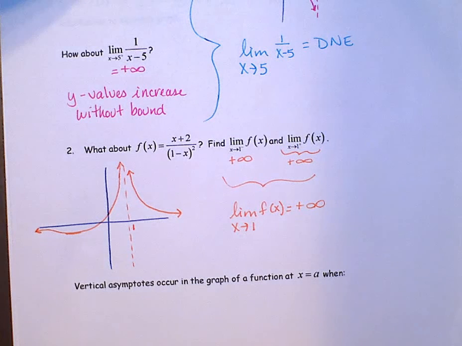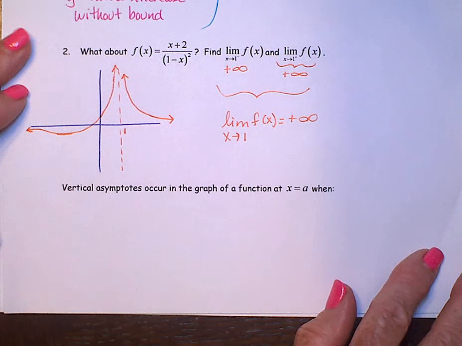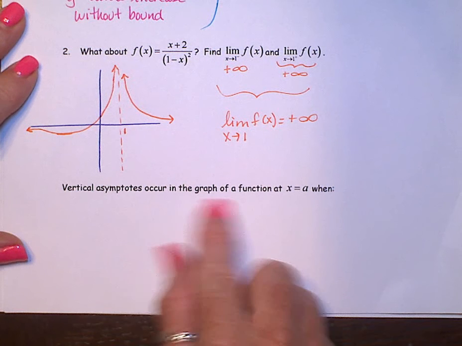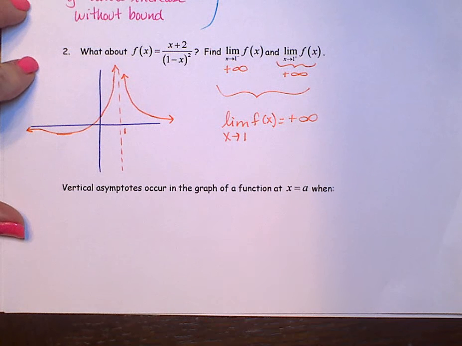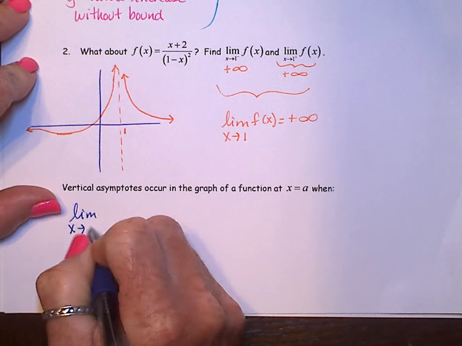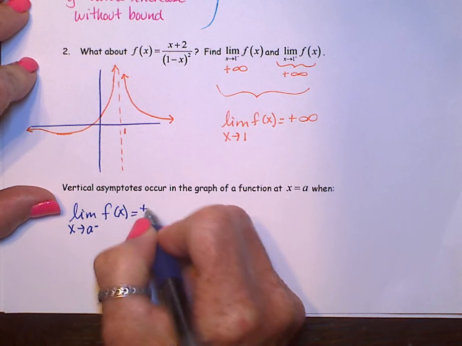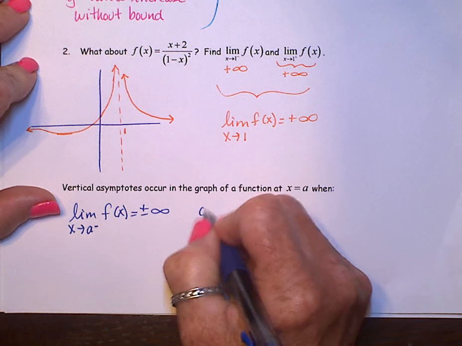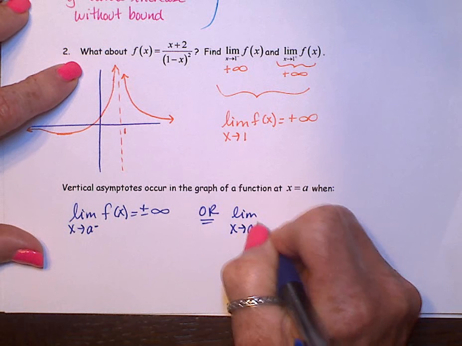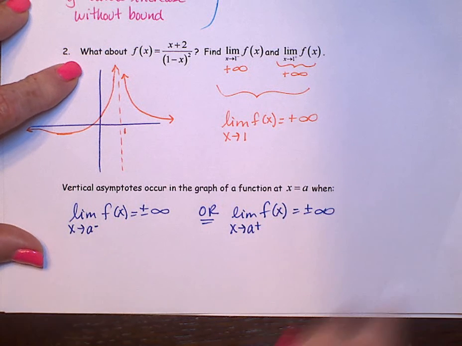All right, the whole point of working through these two examples is to talk about vertical asymptotes and how it relates to limits. And we find that vertical asymptotes occur in the graph of a function at x equals a when the limit as x approaches a from the left side of f of x is positive or negative infinity, or the limit as x approaches a from the right side of f of x is positive or negative infinity.